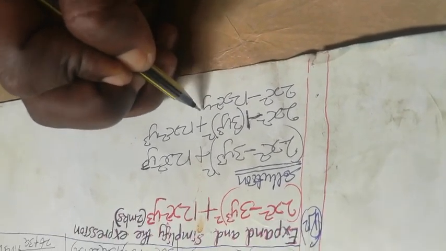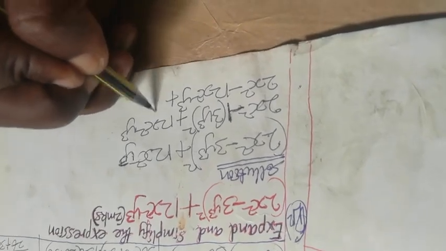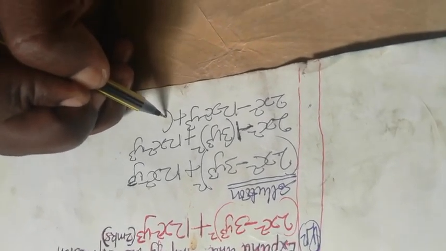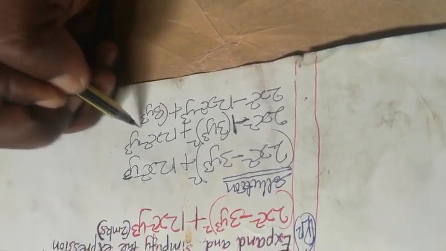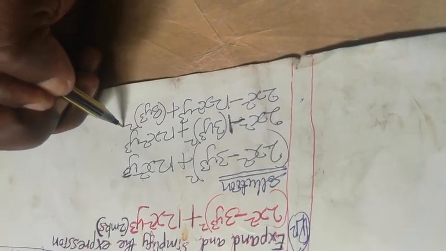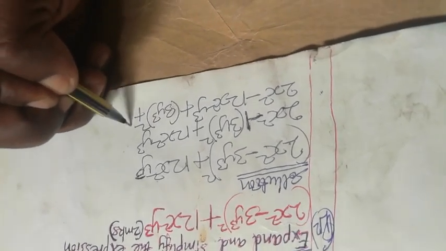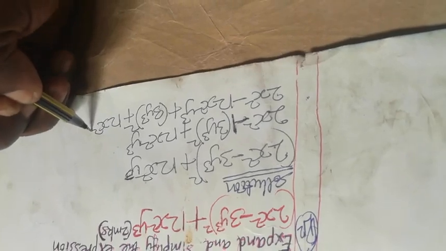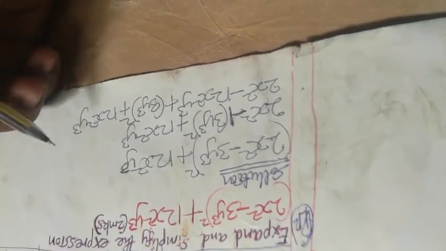Plus (3y cubed) all squared plus 12x squared y cubed.